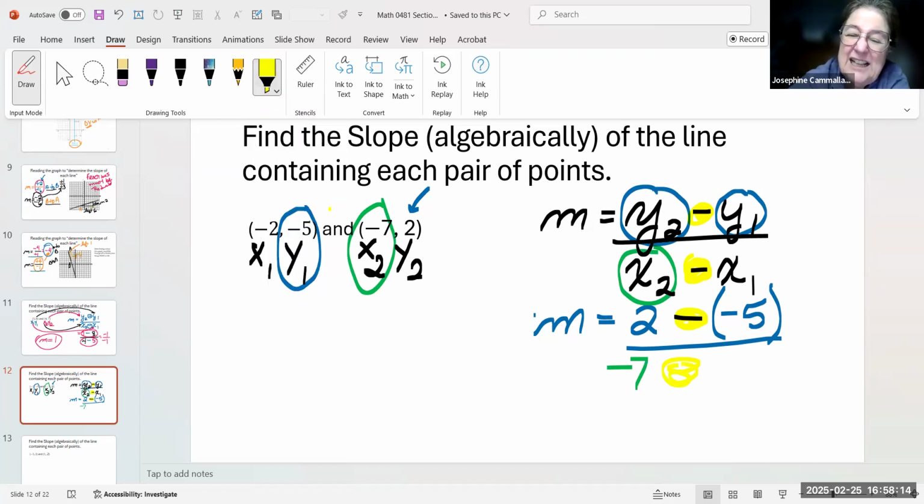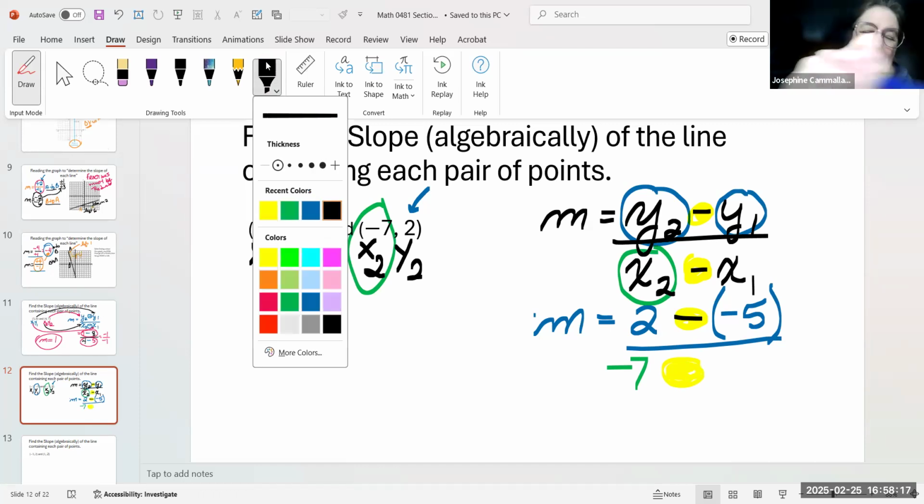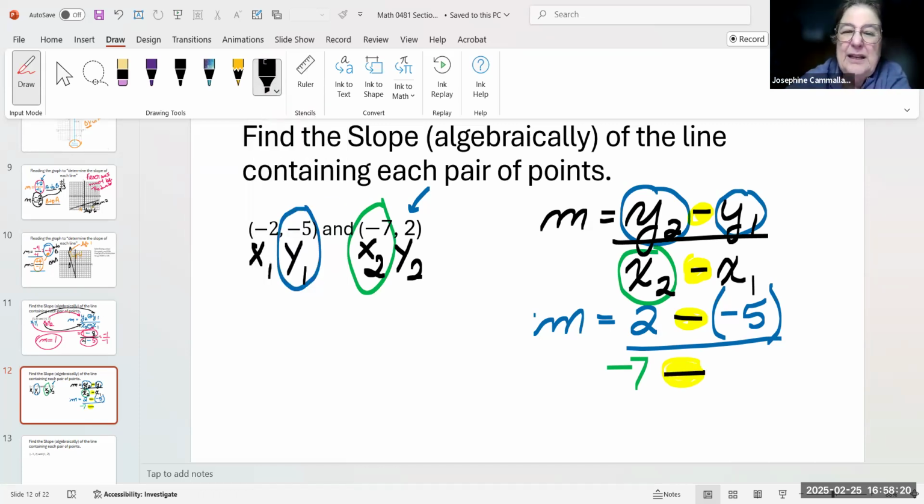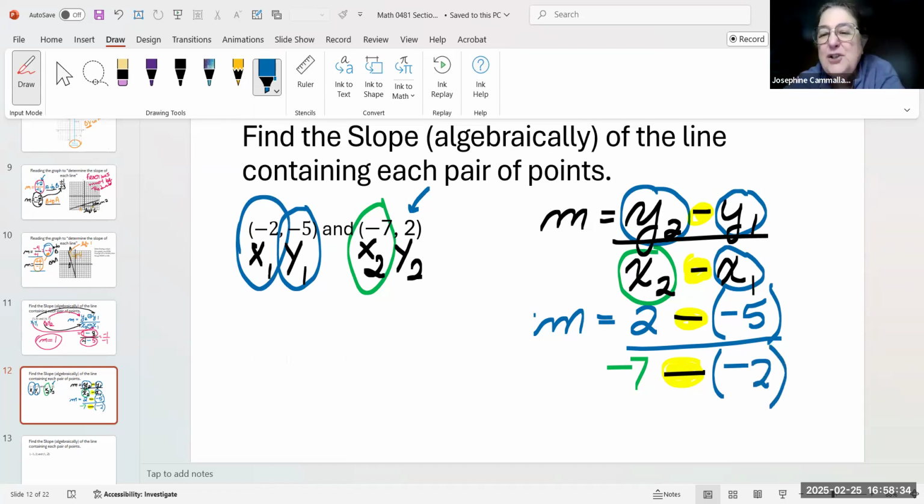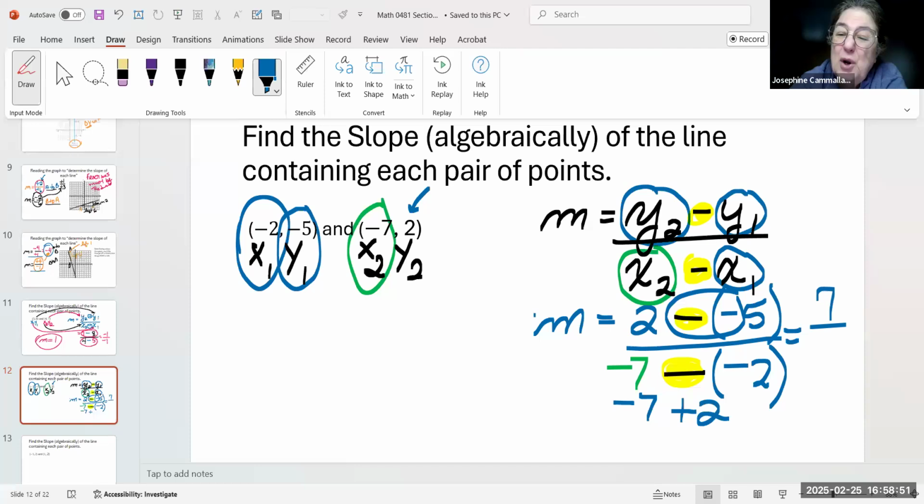But remember, I still have my negative value here. And then I have x1 right here. This is -2. This is where you have to be careful. This is going to give me 2 plus 5 or 7. This is going to give me a -7 plus 2 or a -5.